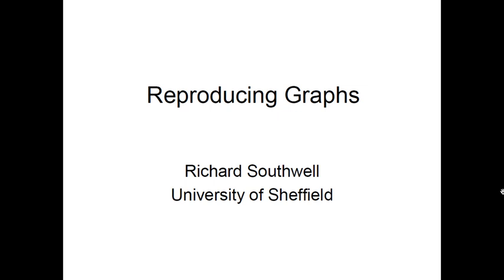Again, this is a model which captures a few of the key aspects of things present in real-world complex networks. In this model, you start with a network and you add vertices into it one at a time.